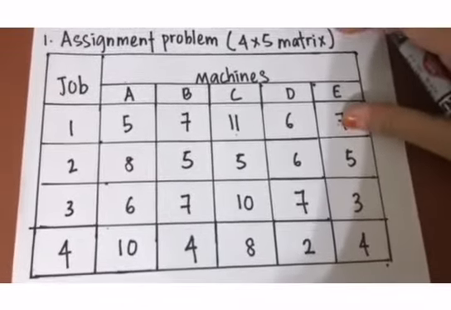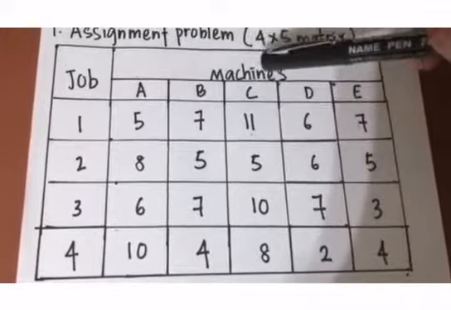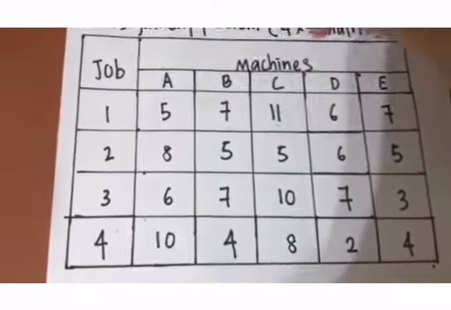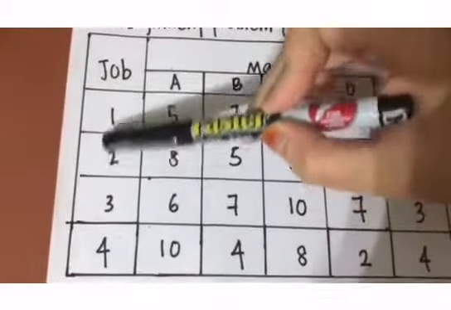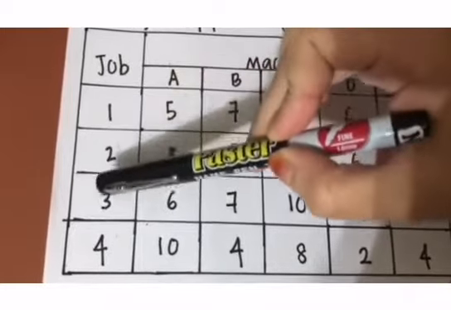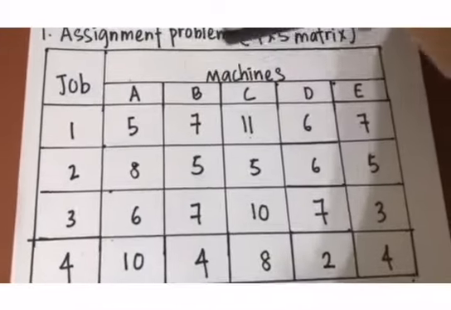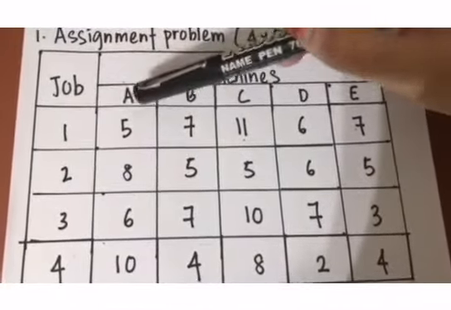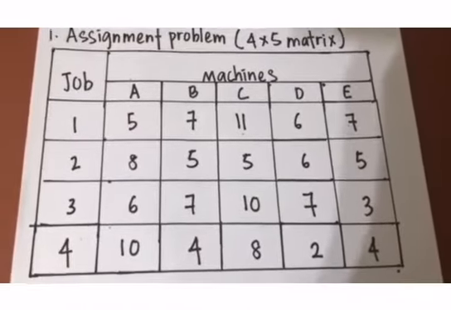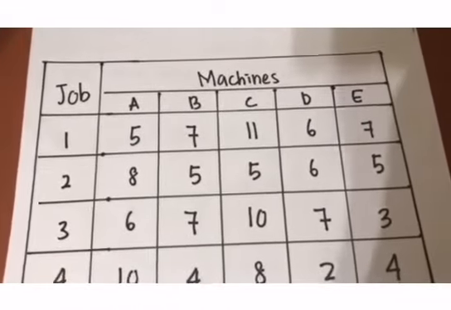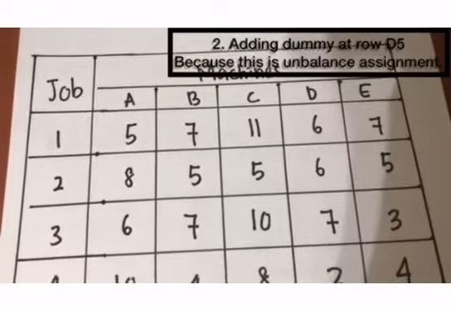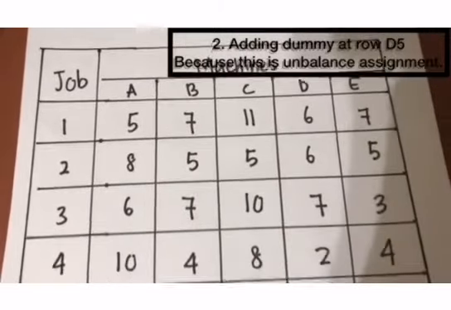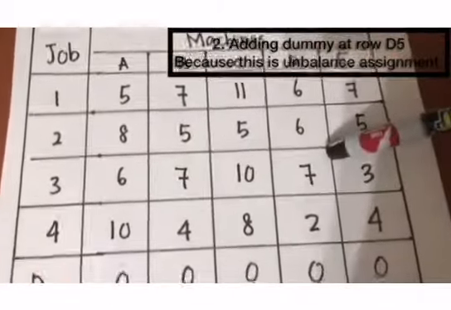In the column we have 4 jobs, 1, 2, 3, 4, and in the row we have 5 machines, A, B, C, D, E.